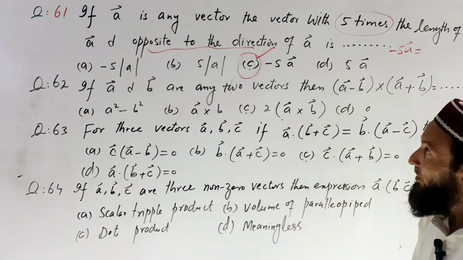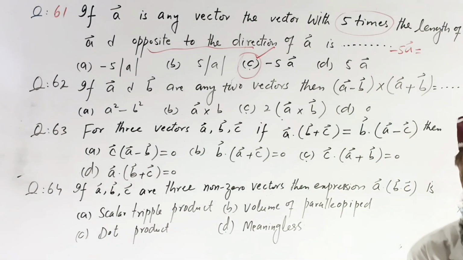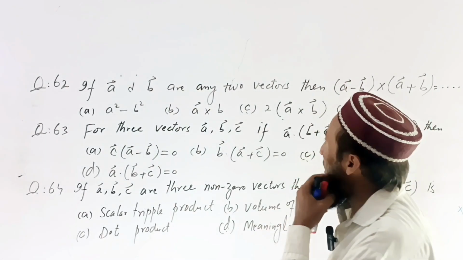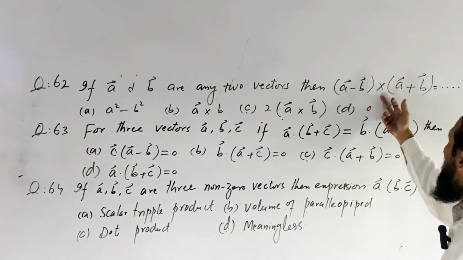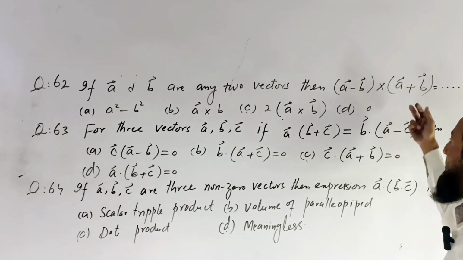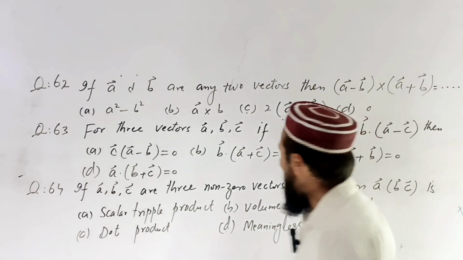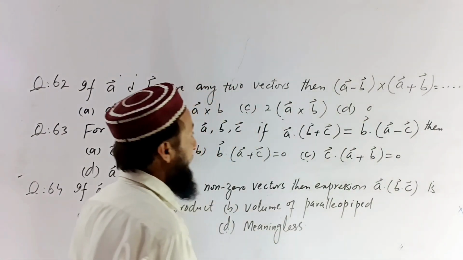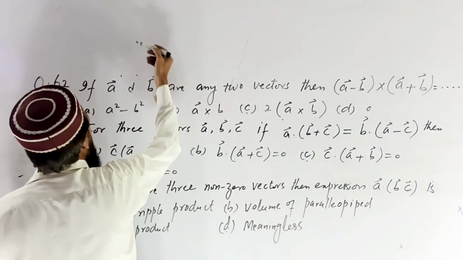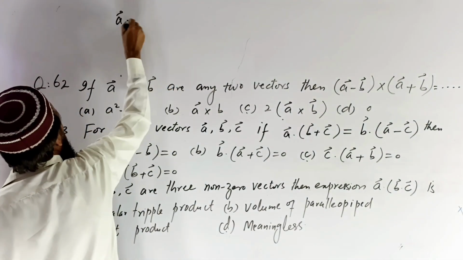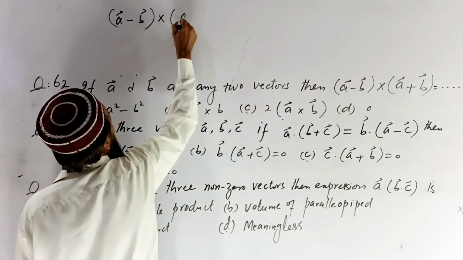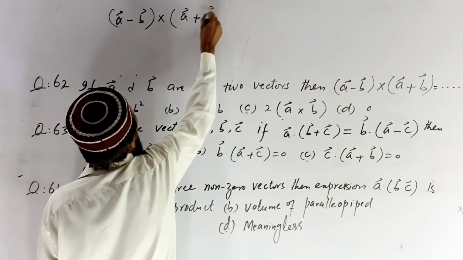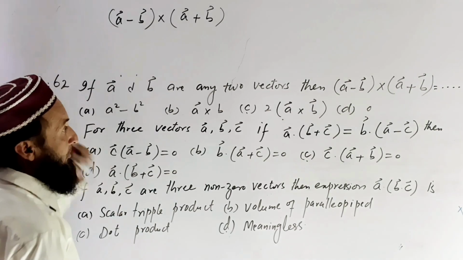In question 62, if A and B are any two vectors, then what is the result of A minus B cross product A plus B? Applying the definition of the cross product, we expand A vector minus B vector cross A vector plus B vector.